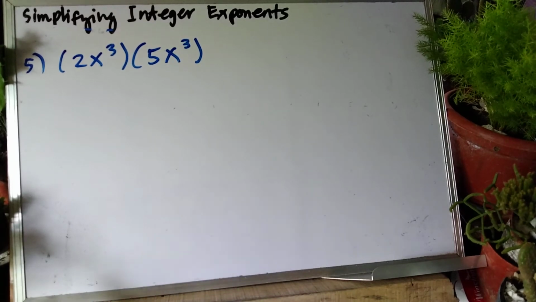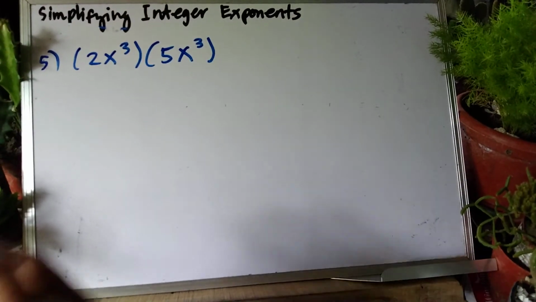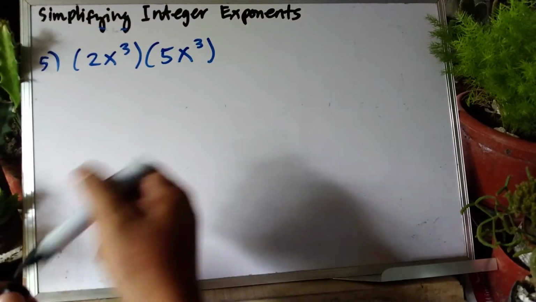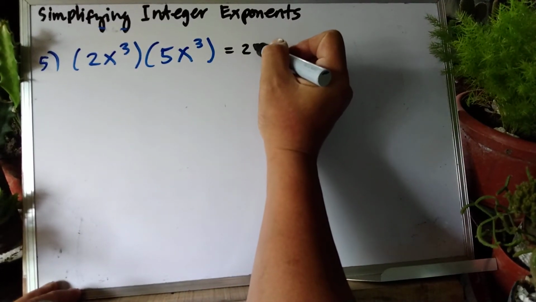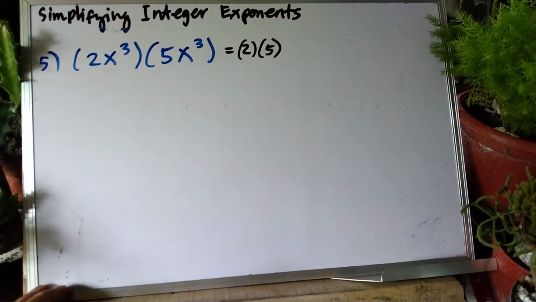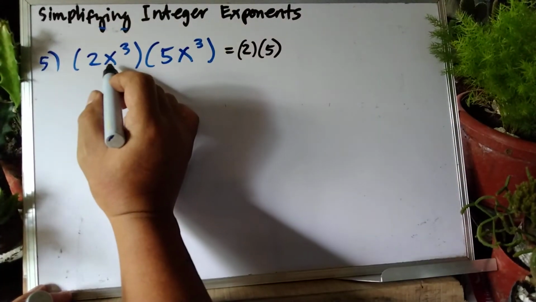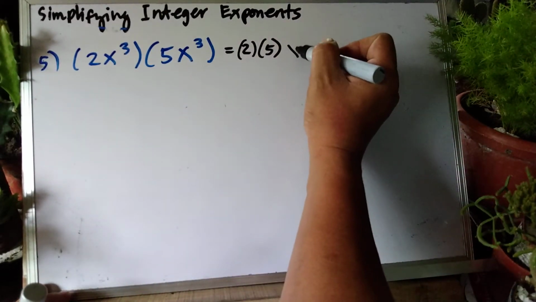To simplify this, you just simply multiply the number 2 and 5. So you have 2 times 5. Okay, then look at the variable x. They have the same x, so you copy only one x.